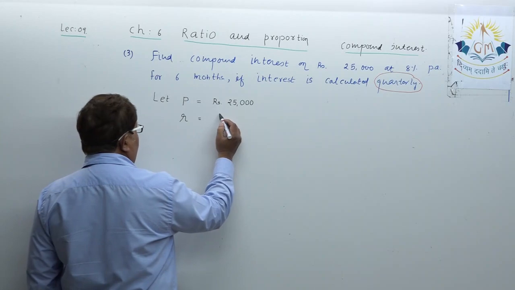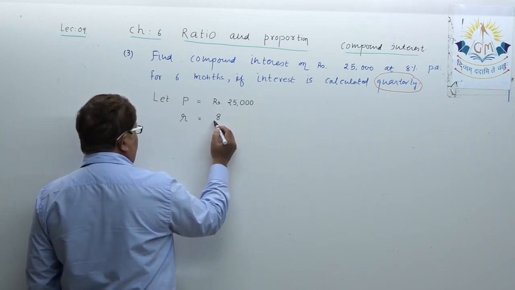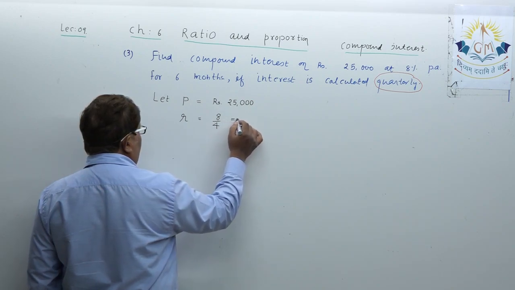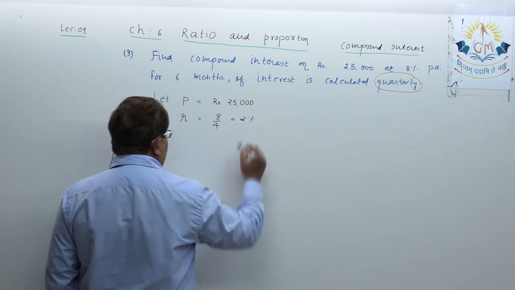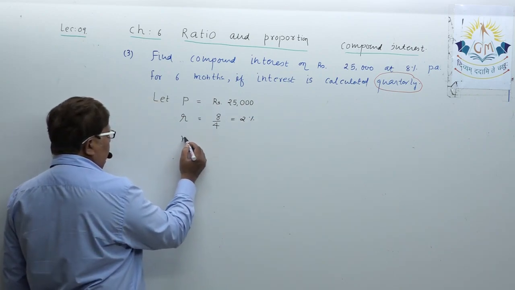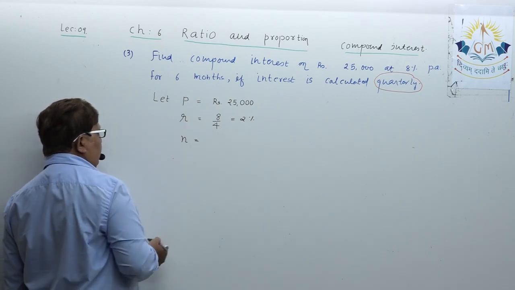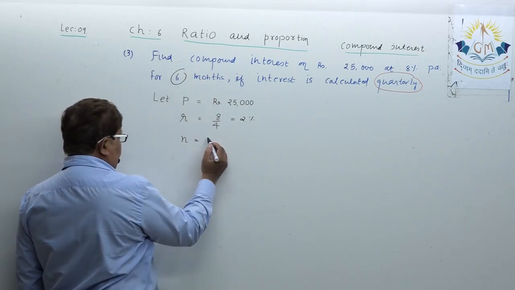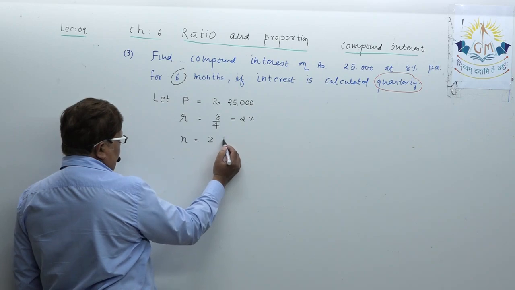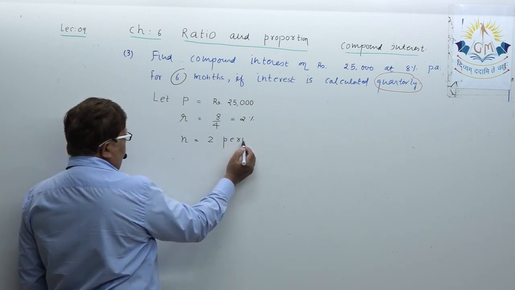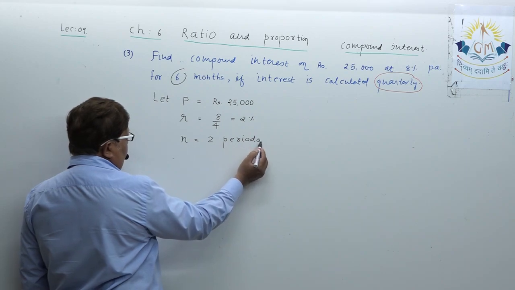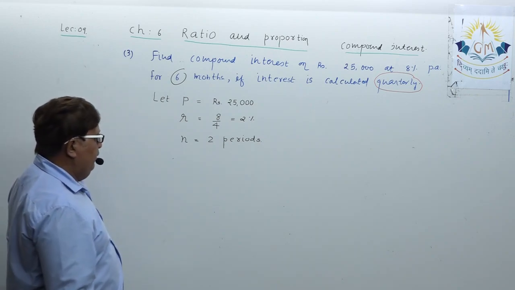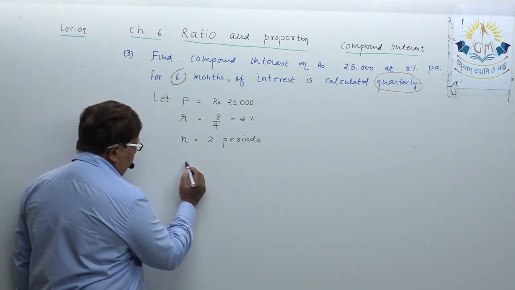Rate of interest 8%, because it is quarterly, you must have divided it by 4. And it's a period of 6 months. That means 6 months includes 2 quarters. That means you can mention 2 periods.